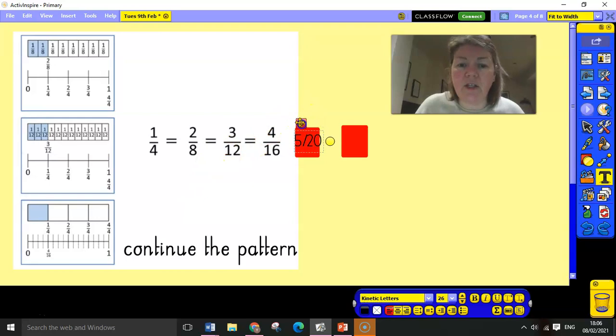So my next fraction is 5/20ths, and then if I continue the pattern, I'm going to multiply my numerator by 6. I'm also going to multiply my denominator by 6, and 6 4s are 24. And you could continue the pattern, okay? So we can use our multiplication facts and multiply the numerator and the denominator by the same number, and that will also give us equivalent fractions, okay?